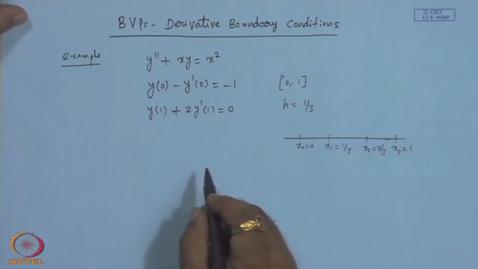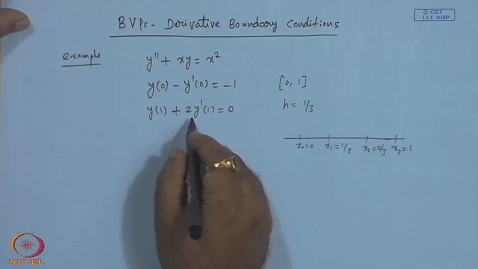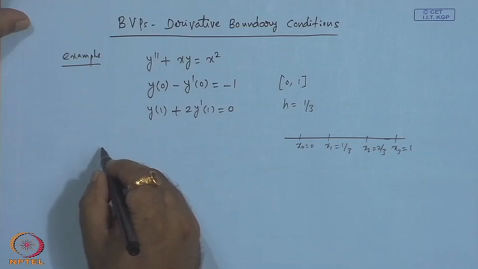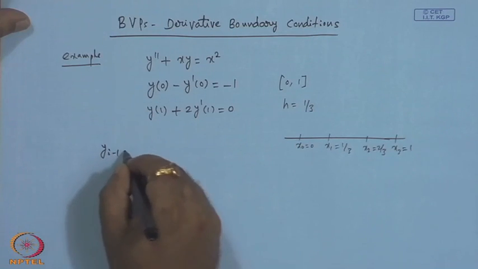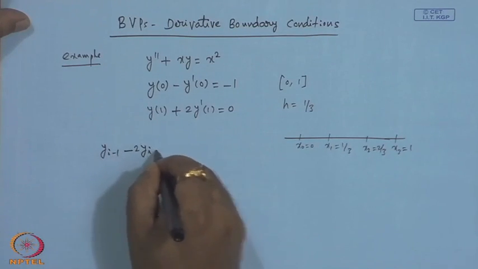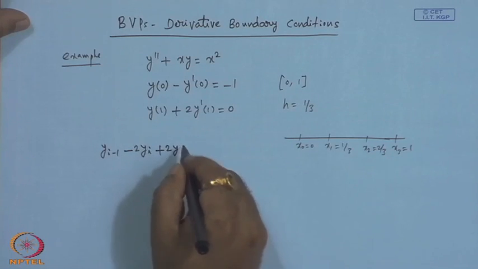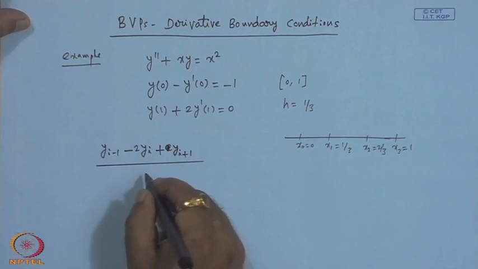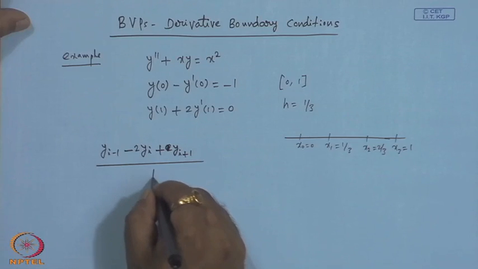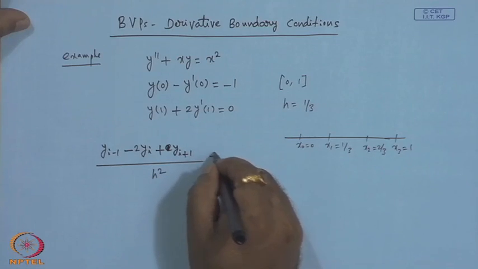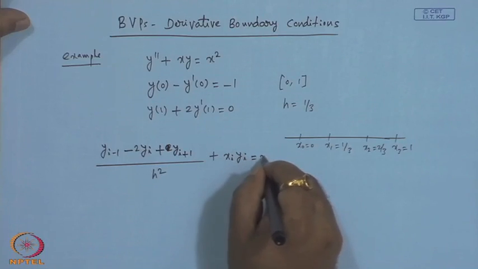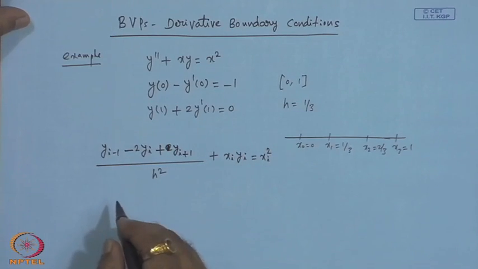Now if we discretize this equation, using the usual central difference we have been using, we get this.